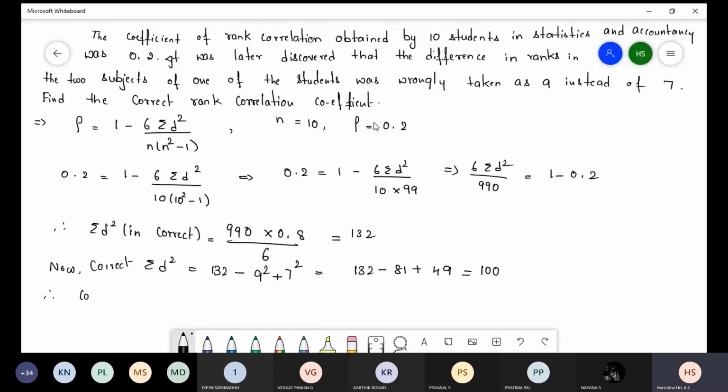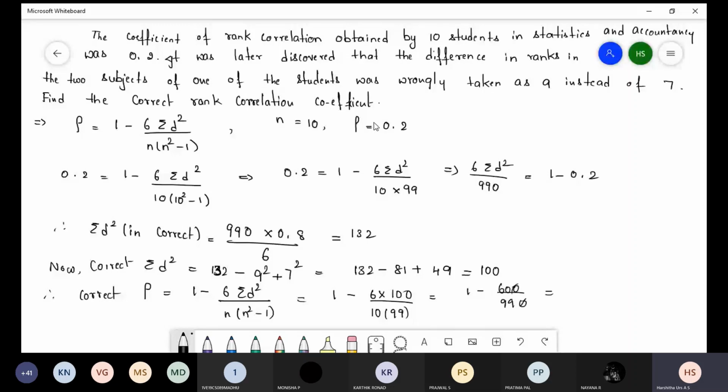Therefore, the correct rank correlation coefficient, that is rho, is equal to 1 minus 6 summation of d square divided by n into n square minus 1. Substituting the sum of d square in the formula, it is equal to 1 minus 600 divided by 990, which is 0.393. Yes, this is the answer.